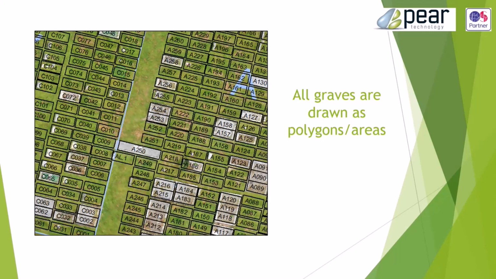We put a lot of effort into making the maps as accurate as possible and drawing the actual dimensions of each grave, so it's clearer to see on the map, clearer to see the difference between burials and cremation plots, and it's a true representation of what's on the ground. And as you can see in this example, you've got some graves which are clearly quite bigger than others on there.